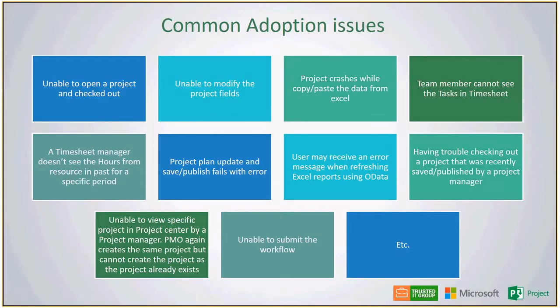So, common adoption issues. Within our company, we have collected some information in terms of typical issues, and we will be able to share this information after that. You can basically consider this almost like a benchmark of common issues, because we have quite a few clients going through our managed services.